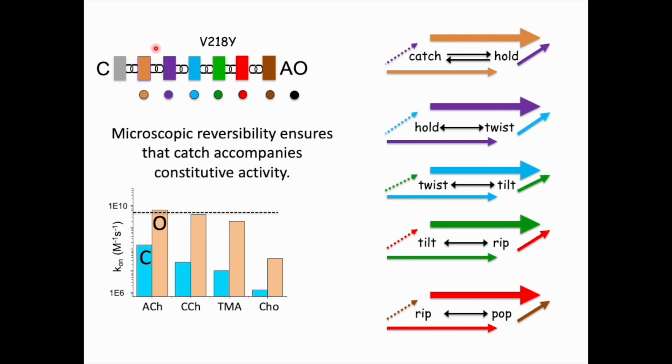But the linear free energy actually links those two. So you cross the binding-gating divide and enforce catch when you make a mutation that causes constitutive activity. So microscopic reversibility ensures that catch accompanies constitutive activity.